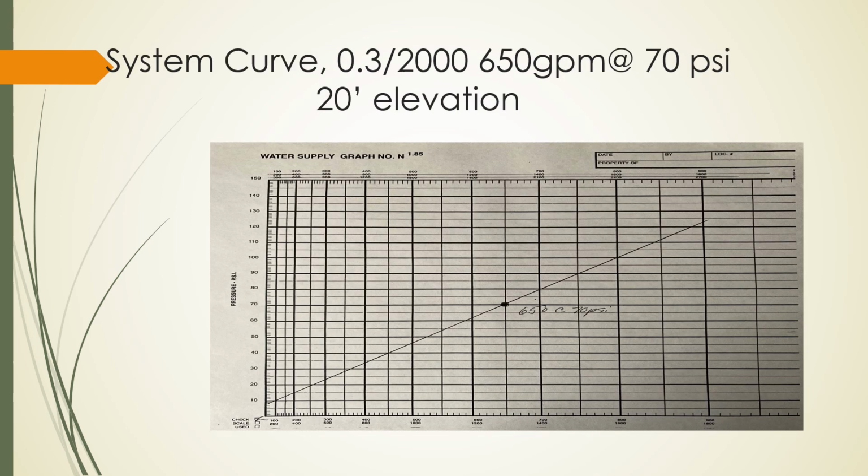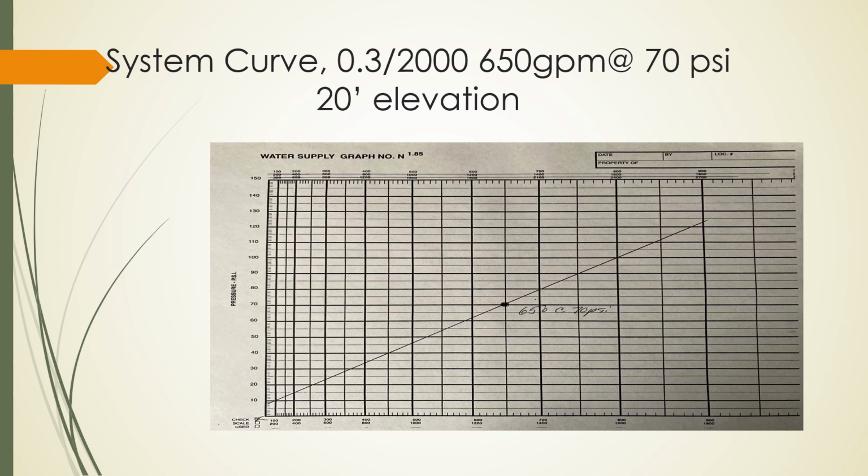What we've been introduced to so far in terms of graphing has been the supply curve. That's the water supply with the static and residual and flow. And then last video, I presented the hose stream allowances where we deducted either a 250 or 500 GPM hose stream allowance from the water supply, resulting in a smaller water supply. Now I want to introduce another concept, and that's the system curve.